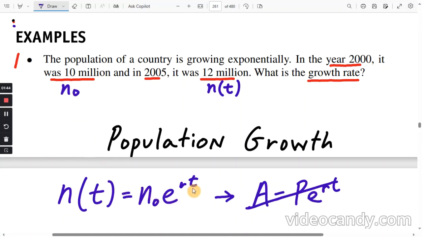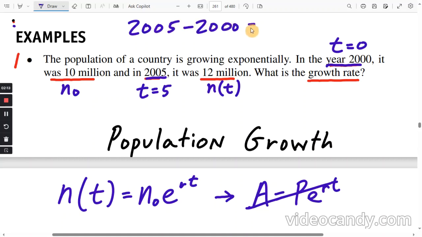And for the time t, well, we started at the year 2000, so the year 2000 is when t equals 0. That's when we start. And the year 2005, how many years elapsed from 2000 to 2005? Well, that's 5 years. If we started in 2000 and wound up in 2005, that is a span of 5 years.